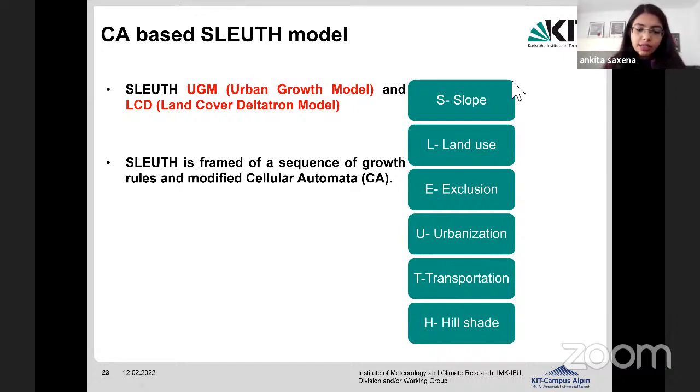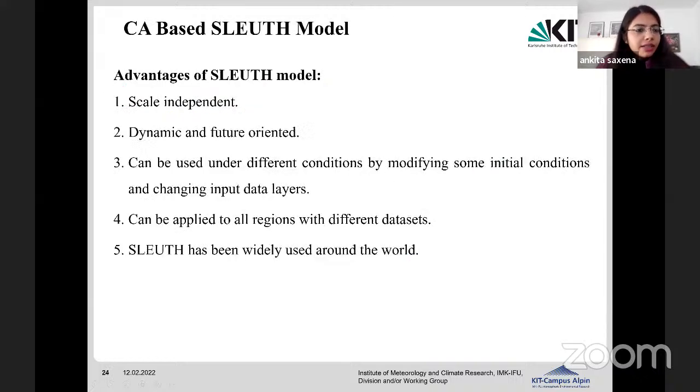So yes, SLEUTH is a CA based method. And why is it good? Its advantages are that it's scale independent, it can be applied to any scale, and it's dynamic and future oriented. It can be applied in different socioeconomic conditions, and for similar conditions also.